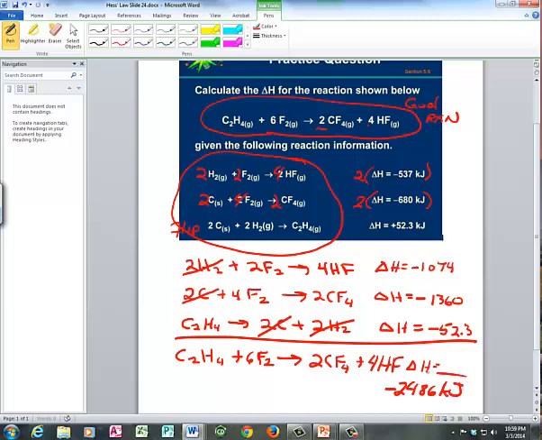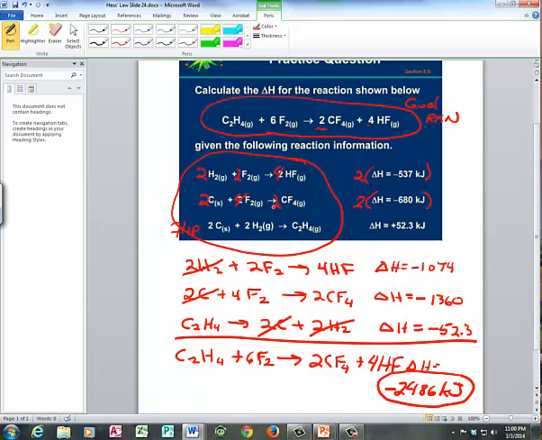And that is the delta H for this reaction based on Hess's law. The reason this works is because enthalpy is a state function. I can get the delta H for the target reaction by simply adding up the delta H's of all of these path reactions.